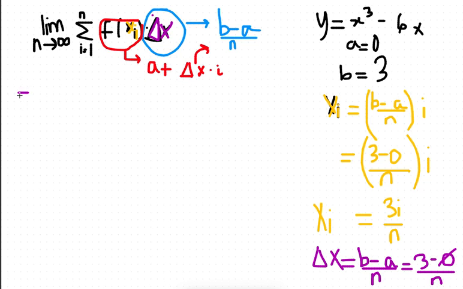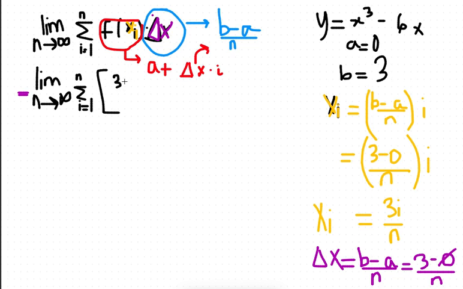So now we're going to sub all of this into our equation. We have the limit as n approaches infinity, the summation of f at x sub i. x sub i is 3i over n, and f at that number means everywhere there is an x, you sub 3i over n.